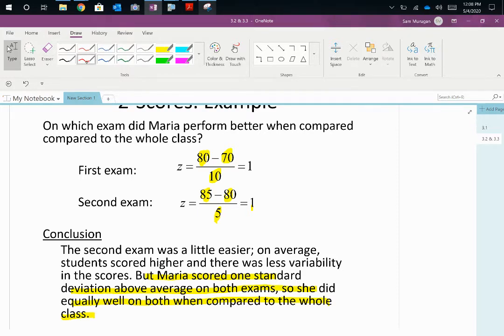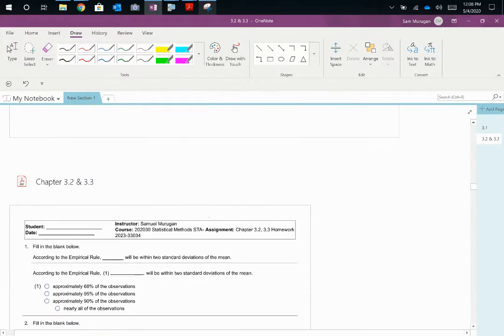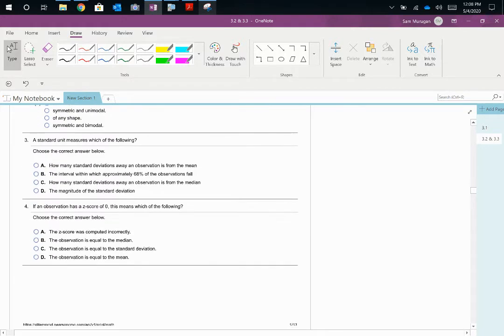All right, now let's look at some of the homework problems. Questions 1 to 5 on the homework are actually from the notes. I'm not going to talk about them. Here's a question I just answered for you.